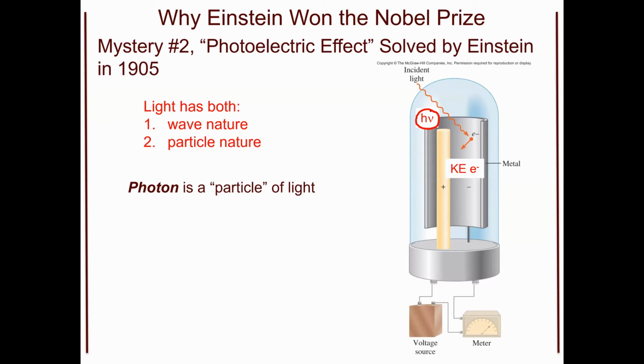So let us talk about this very simply. If there is not enough energy to eject an electron, we are not going to get any kinetic energy. However, if there is enough energy inside of that incident light, that electron is going to be ejected, and using its mass, we can calculate its velocity.